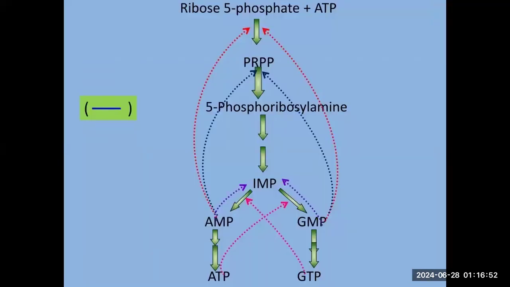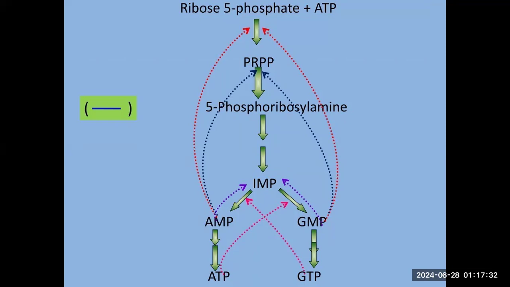The controlling mechanism of the purine nucleotide synthesis. The end products of purine de novo biosynthesis are ATP and GTP. You can see right here, ATP and GTP. Because both are synthesized from the parent compound IMP, if there is an excess of ATP or GTP, they control the conversion from IMP to GMP or AMP.